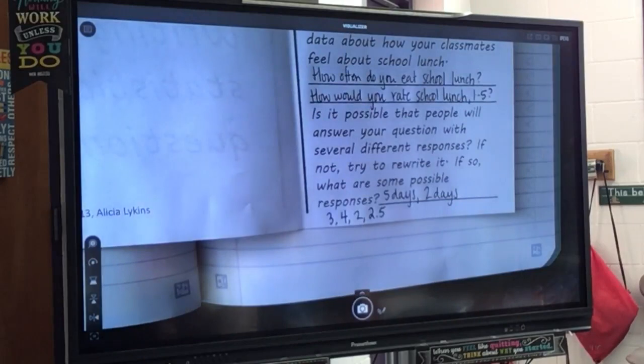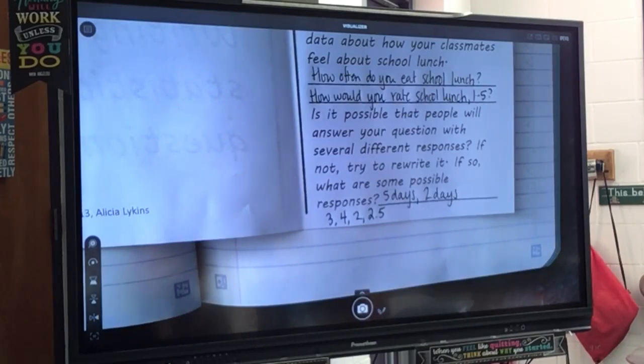All right, any other questions about a statistical question? It's pretty simple for the most part. You cannot have the same answers. You can't have similar answers. You want a lot of variety.